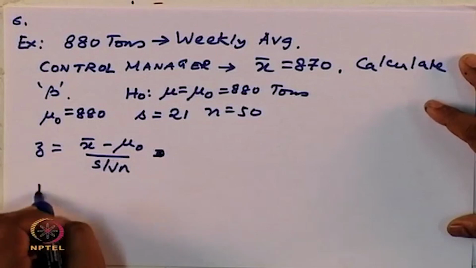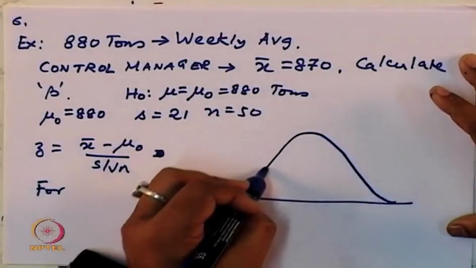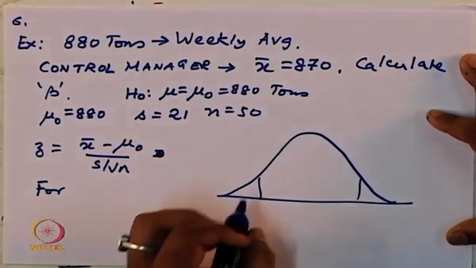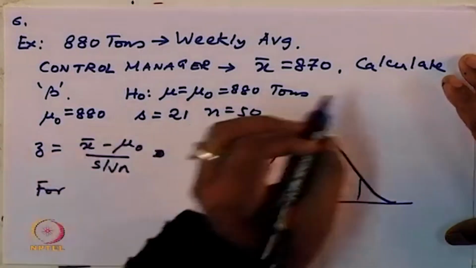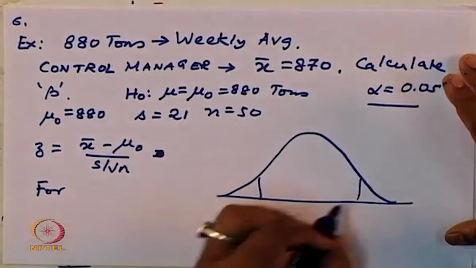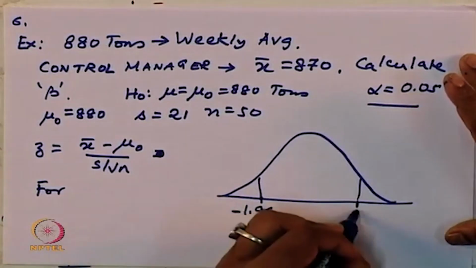So, let me draw it again. What is your H naught for alpha equal to 0.05? For your two tail test, this value is 1.96.